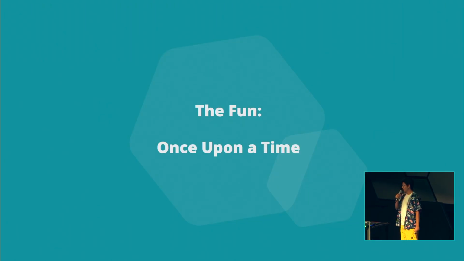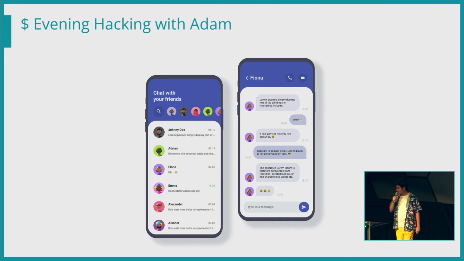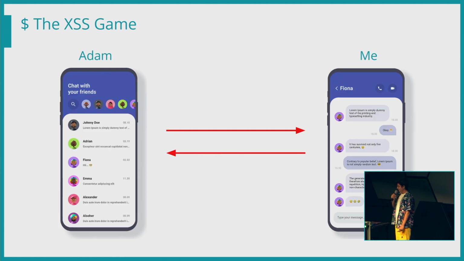So the first vulnerability, I was hacking with my friend Adam one night, and we were on a chat application. And so we played a game, which is the XSS game. Basically, we wanted to send payloads to one another and bypass the filters to get an XSS on the other account, right?